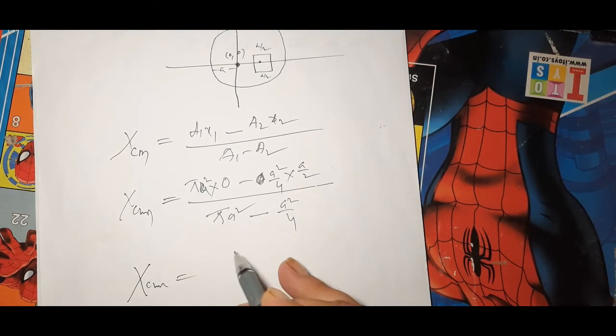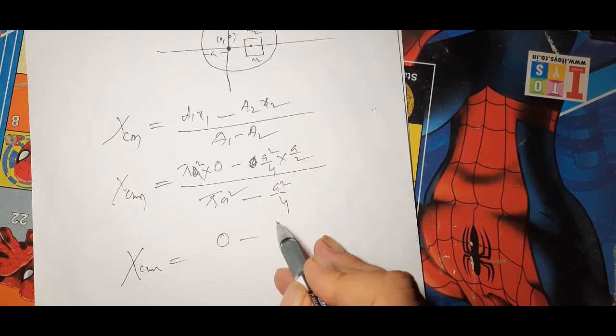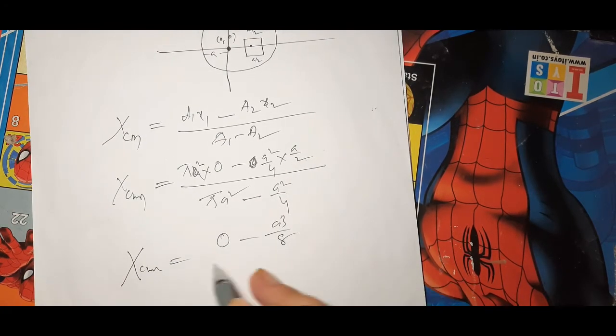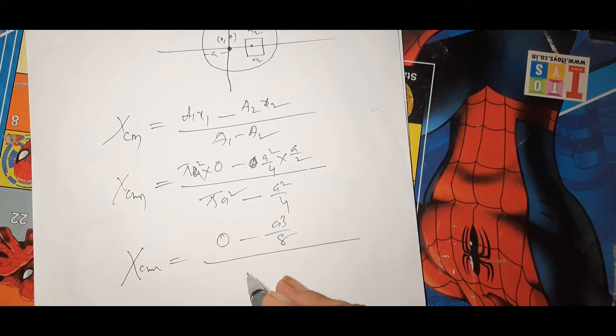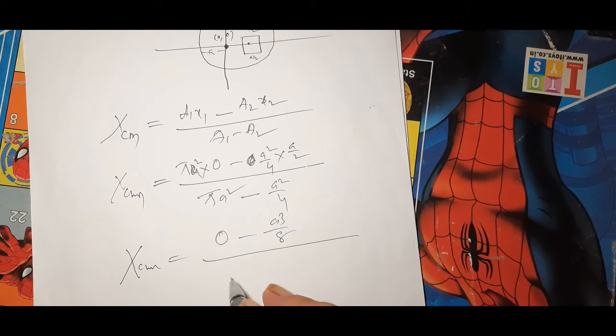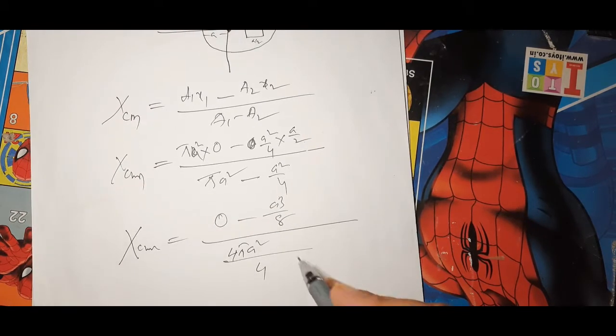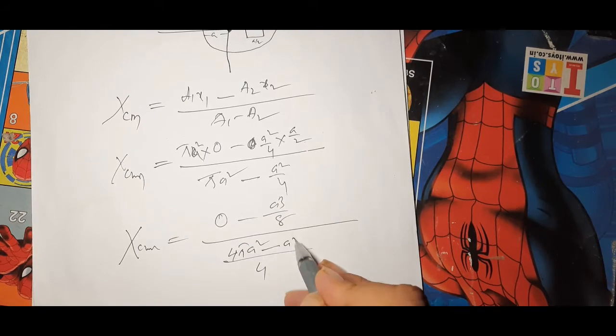XCM is equal to 0 minus A cube by 8, divided by, taking LCM, 4 pi A square minus A square.